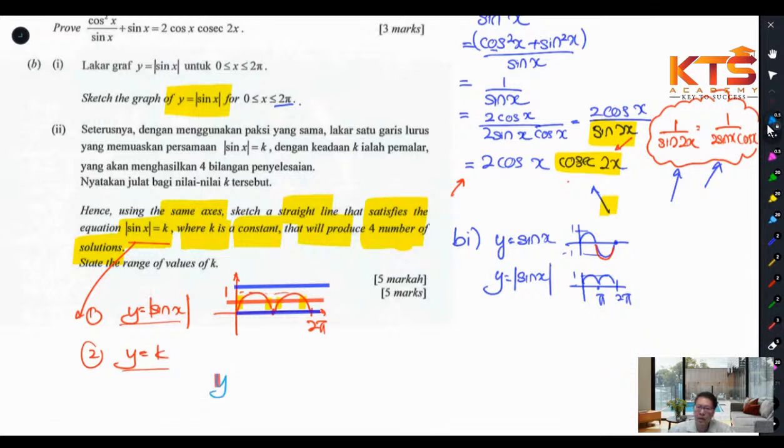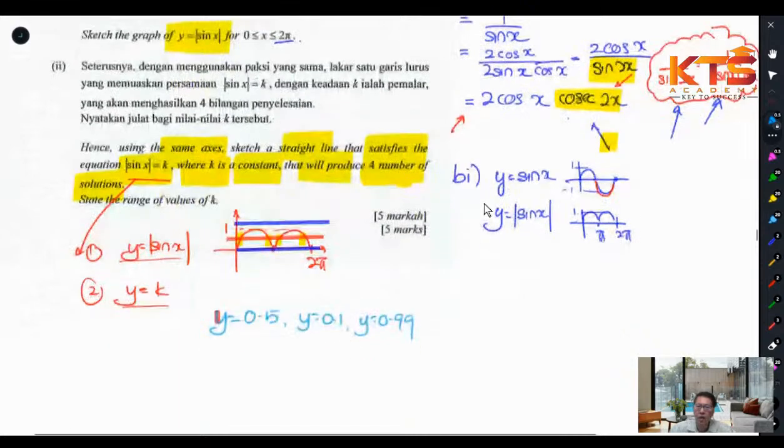I can put y equals 0.5, or 0.1, or 0.99, but I just cannot put y equals 1. So the conclusion is the k value must be more than 0 and less than 1. This is how we do the question. 5 marks. Wow.